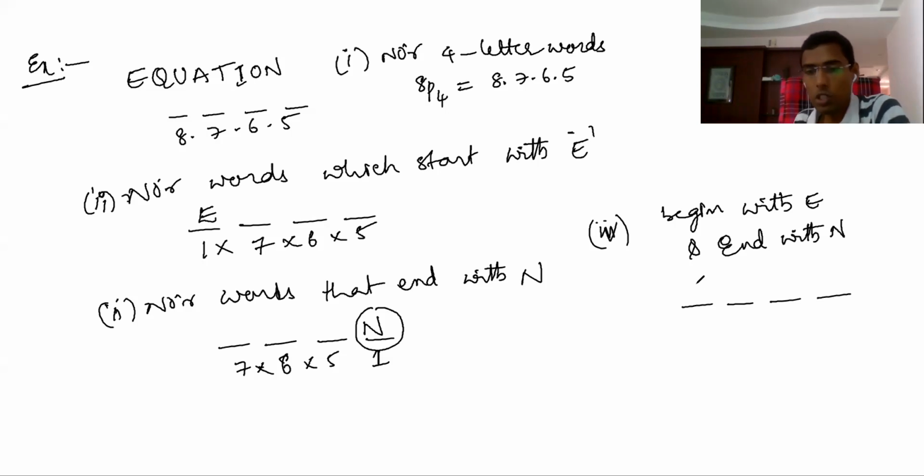Begin with E means E should be fixed, end with N means N should be fixed. That is one way each. The remaining two blanks have only 6 letters left, because E and N are gone. 6 letters in two blanks, 6 into 5 ways. So this is how we should do it.